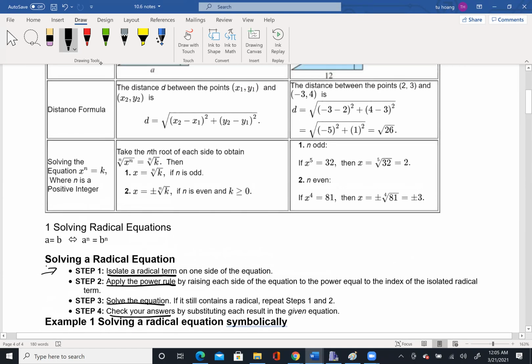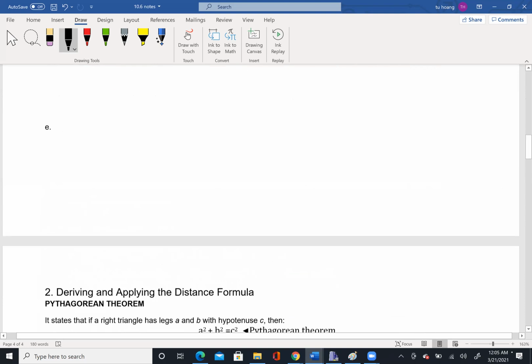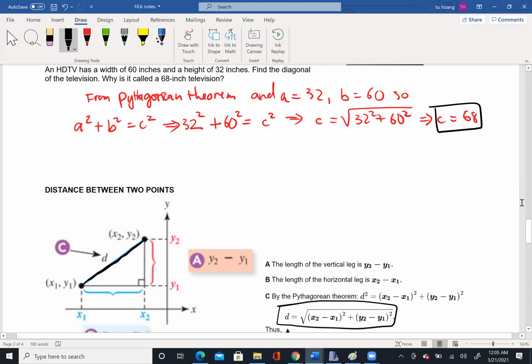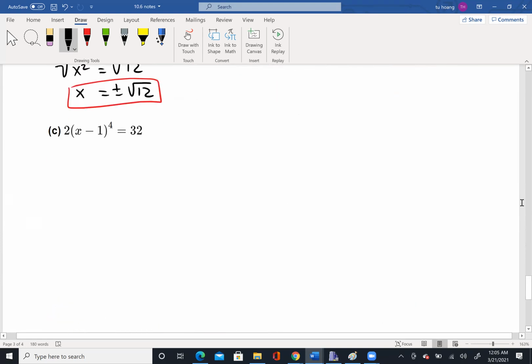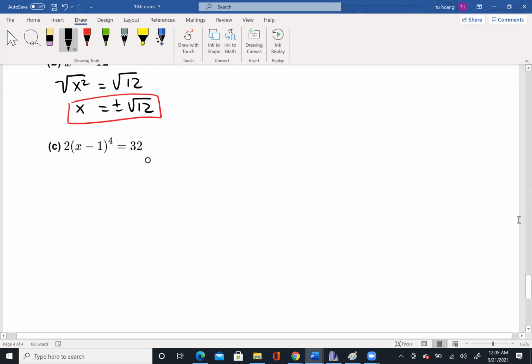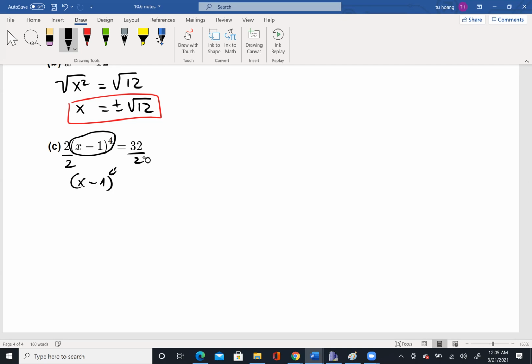For this one, you need to divide both sides by 2 in order to isolate the power. So I divide both sides by 2, and I have (x minus 1) to the power 4 on the left hand side equal to 16.